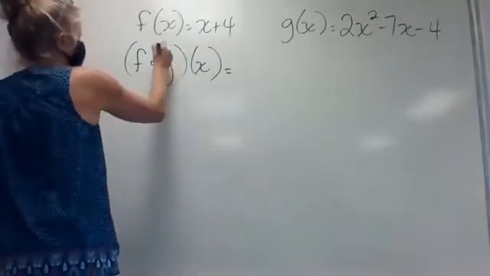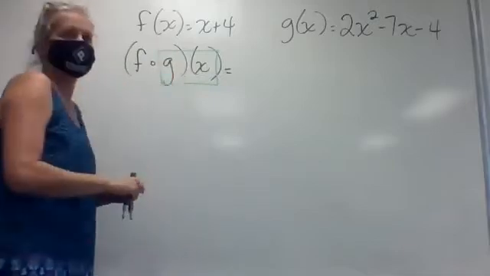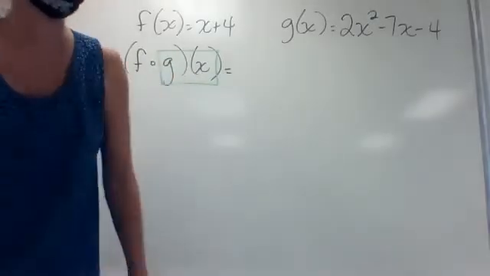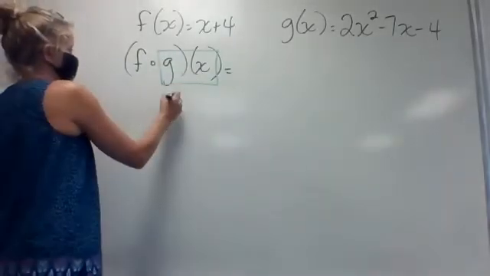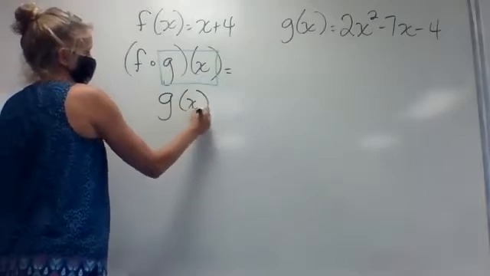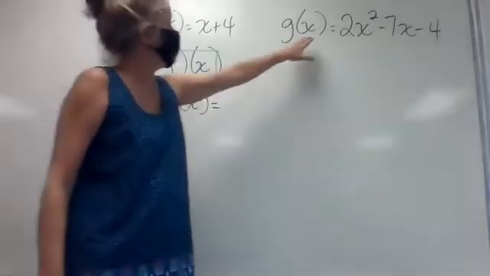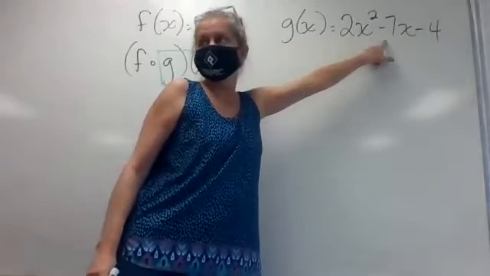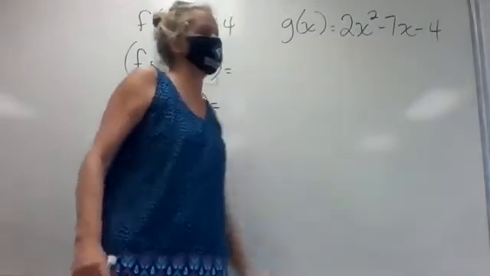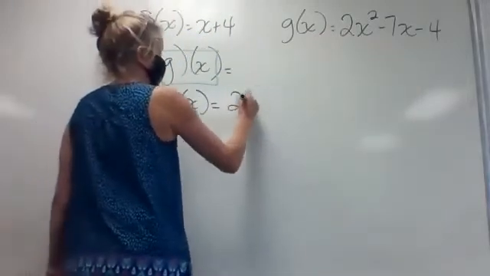So same thing. Starting here, g of x is all that: 2x squared minus 7x minus 4.